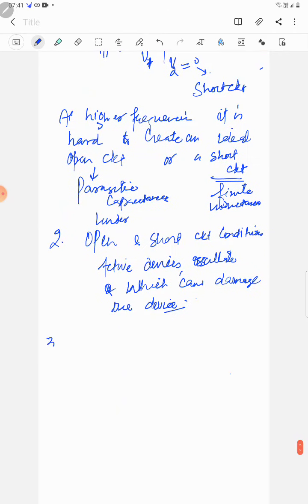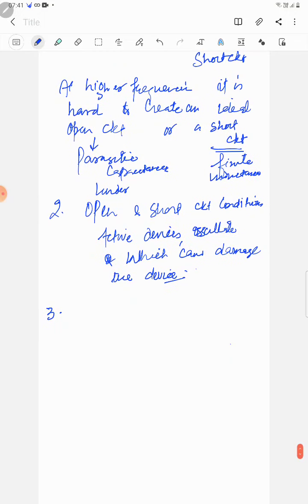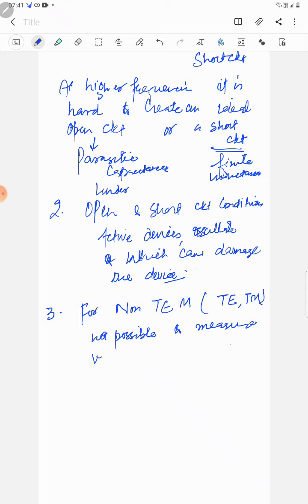Another reason, third reason, is for non-TEM modes. Non-TEM modes would mean, for example, transverse electric, transverse magnetic. It's not possible to measure voltages and currents.